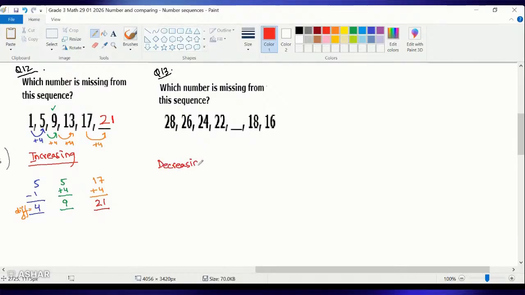But can we say that? Can we find the difference? So what is the difference? Yes, thank you. 20 is the correct answer. But let's look at something over here.